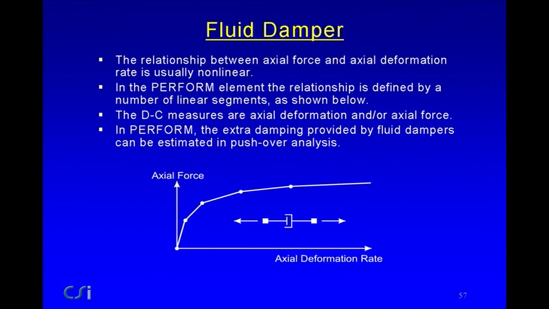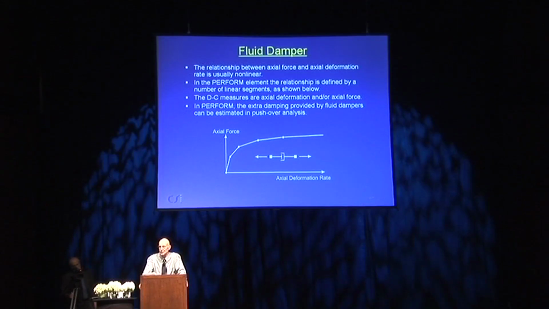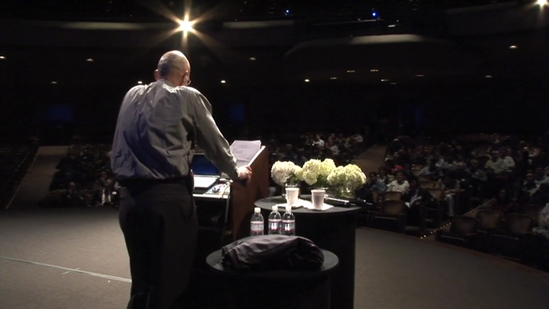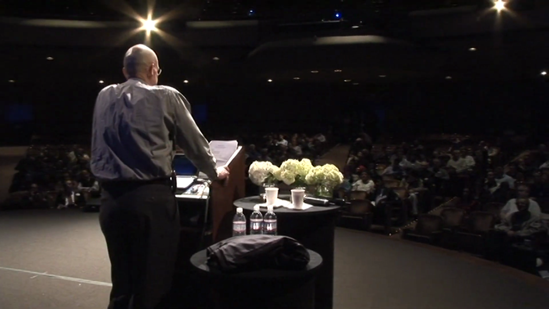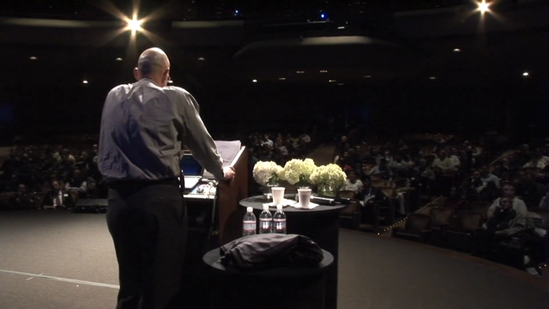You'd like to know that you haven't exceeded the loads on the connection, so you'd look at axial force, and you'd like to know that you haven't exceeded the deformation capacity of the fluid damper, so you would use axial deformation also.